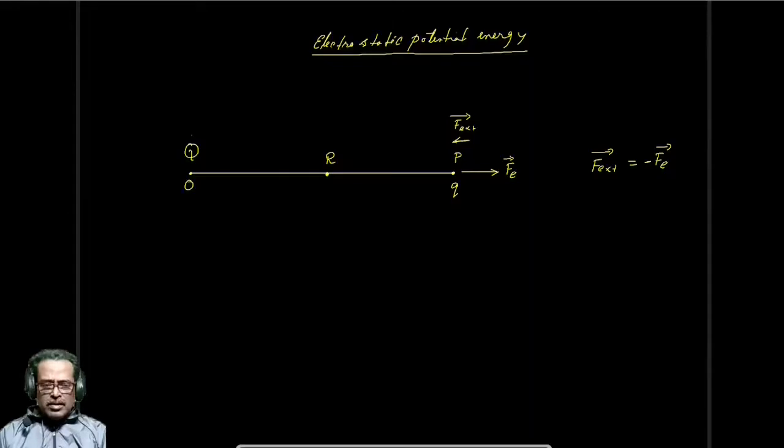So that there will be no acceleration of the object, and we are moving charge small q with a very negligible speed, so that the kinetic energy due to that speed will not change the result of the system.